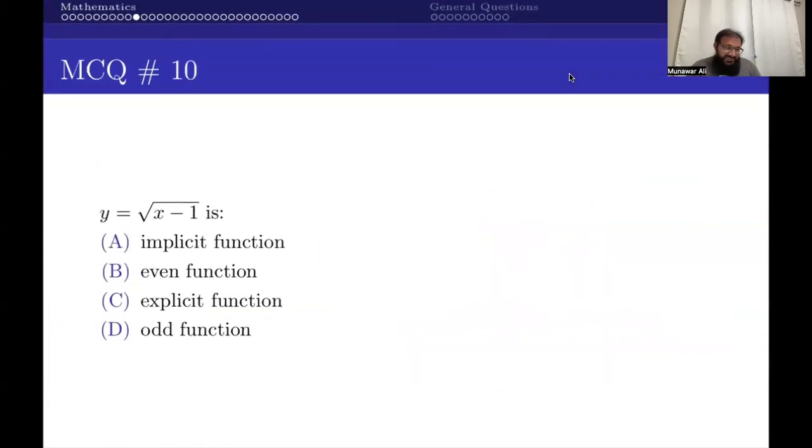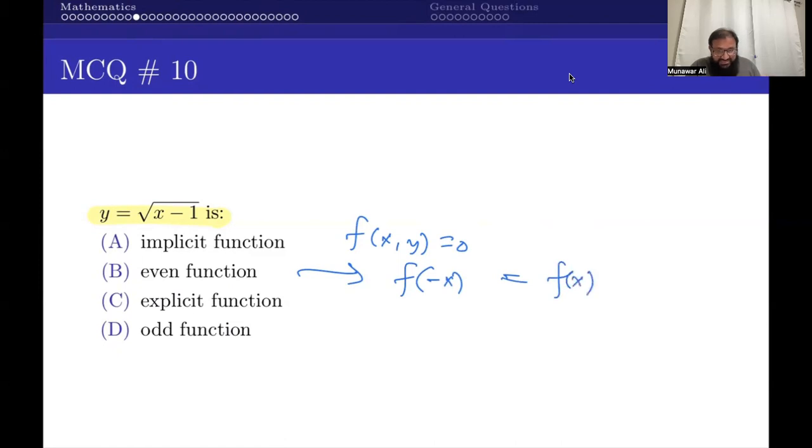Okay, so the next MCQ is MCQ number 10, which says that we are given a function. Is this function implicit? An implicit function is some sort of function which is written in this way. An even function, we know very well, is a function where if you replace x by negative x, it is going to be the same thing as f of x.